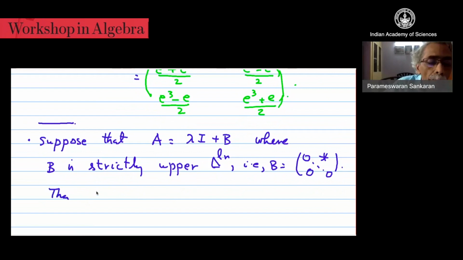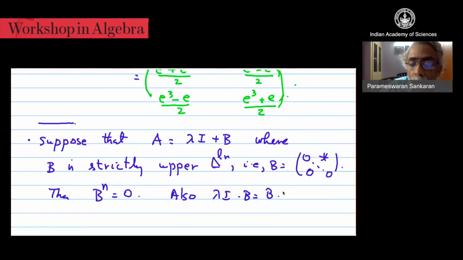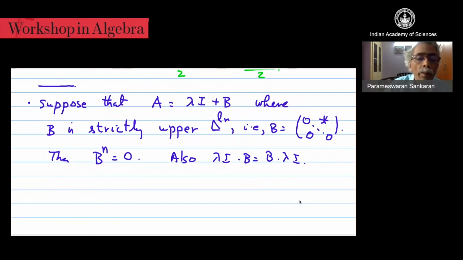Then B power n equals 0, where n is the size of this matrix. I'm not changing that notation. Also, notice that the identity matrix commutes with B, therefore lambda I also commutes with B. Lambda I times B is equal to B times lambda I. Therefore, what can you say about the exponential of A?